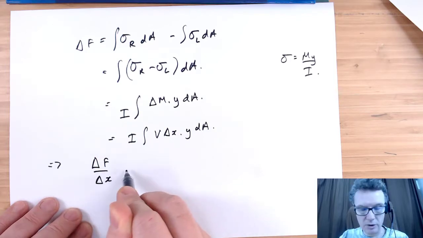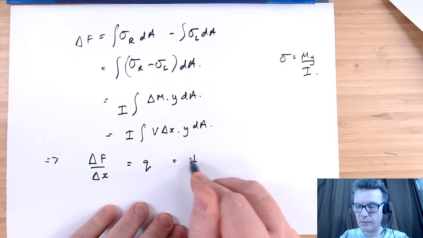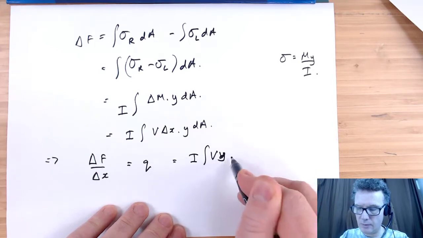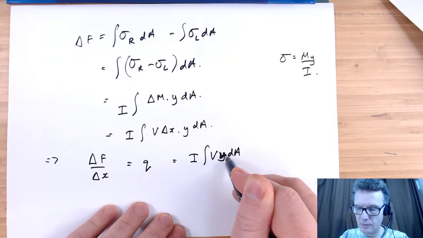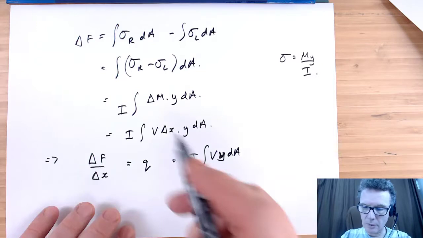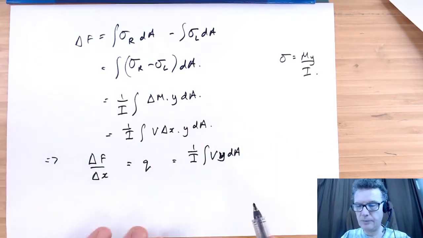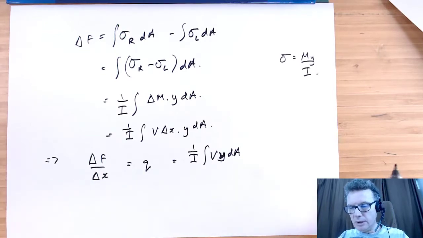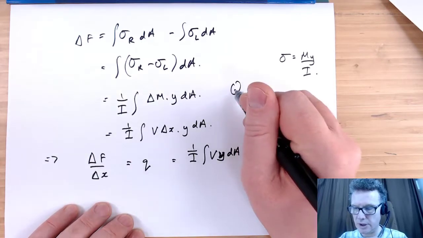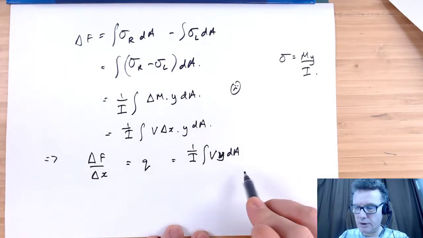So now I've got what I'm looking for, which is the Q. Whoops, that should be 1 over. Okay, so we now have the derivation that we're looking for.